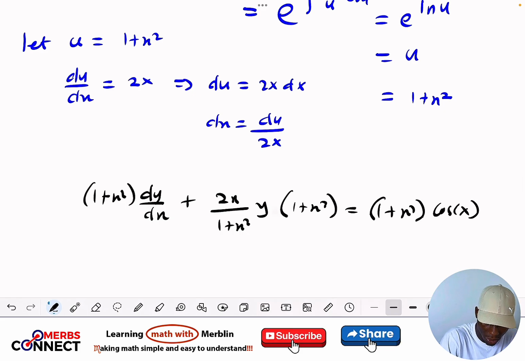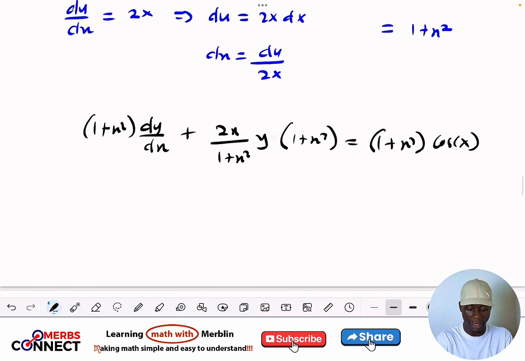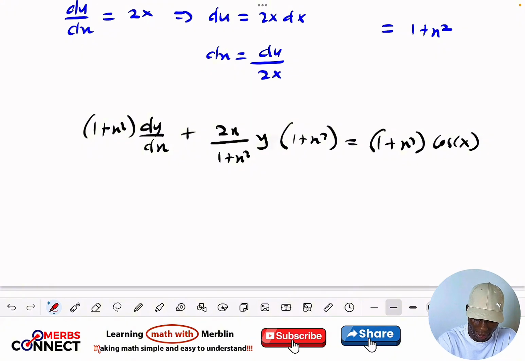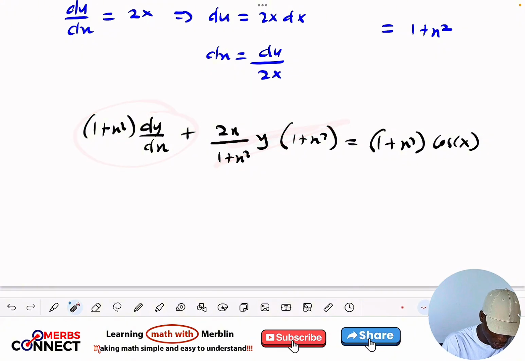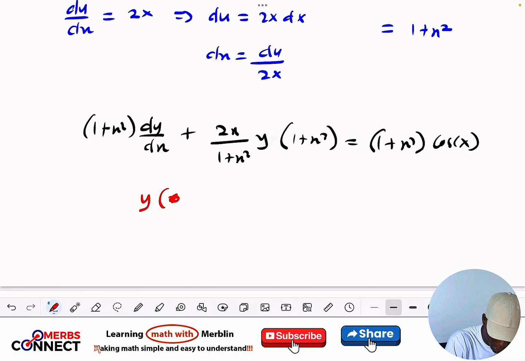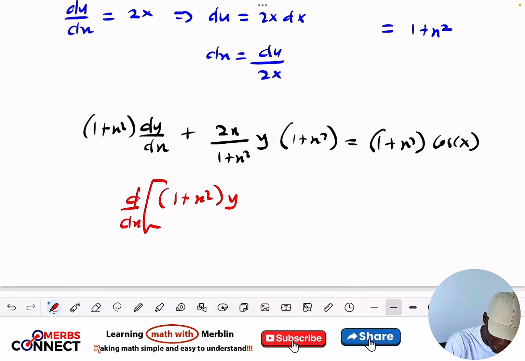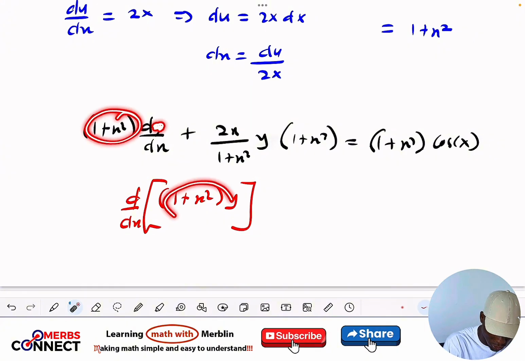cos x. So we just solved one example which was like a linear form like this. So we need to ignore this by focusing on this. What we are going to do is multiply the y here to this, so having y times 1 plus x squared, then multiply this one by dy over dx in square brackets.